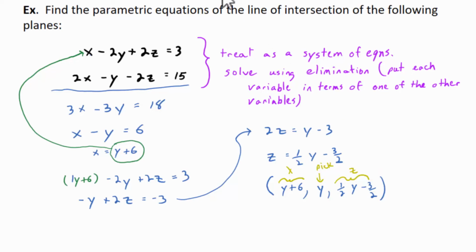So what does this represent? This represents the solution set. Well, okay, what is the solution set? The solution set is the line of intersection. We already know that two planes intersect in a line, right?